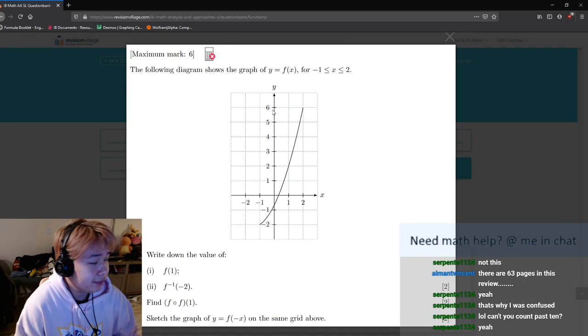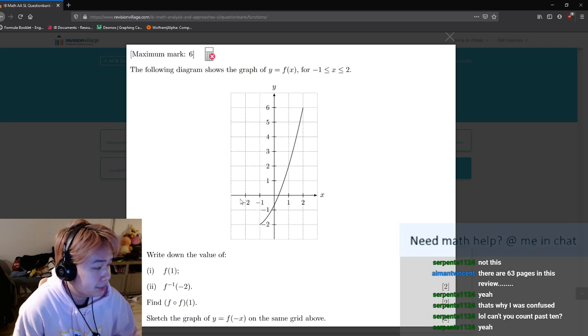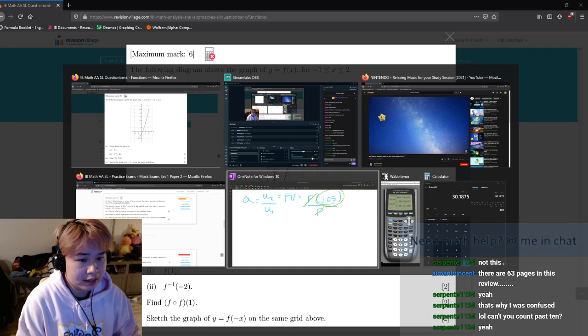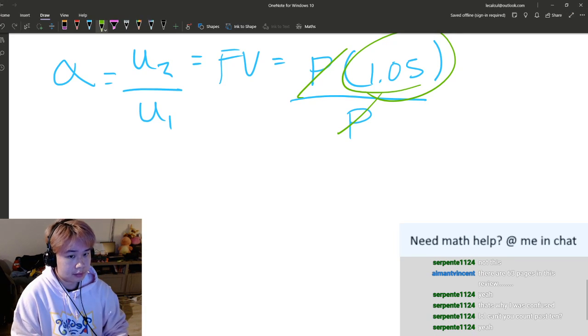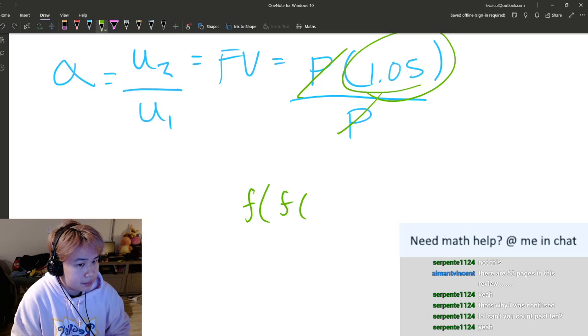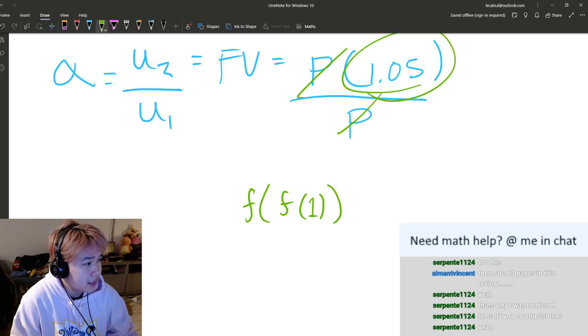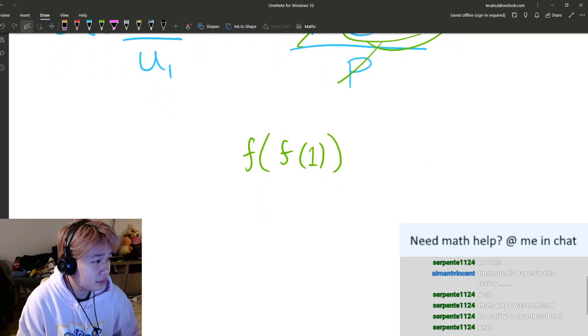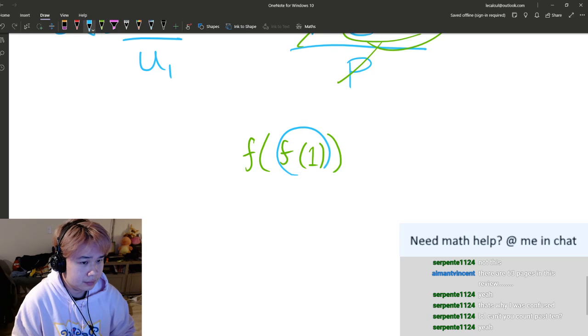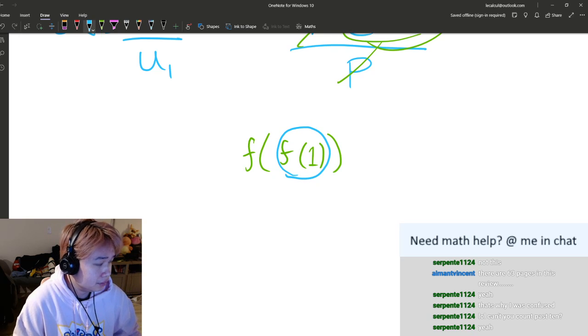So we have a diagram for the function f of x. And then we want to find out f of 1, right? So if we were to write this out, f of 1 is this. So first thing is you need to find out f of 1.